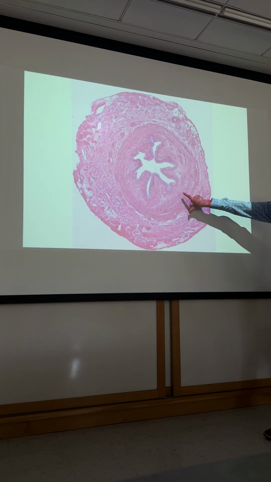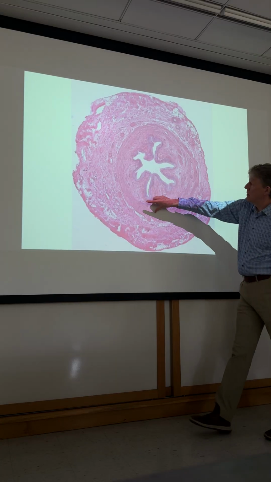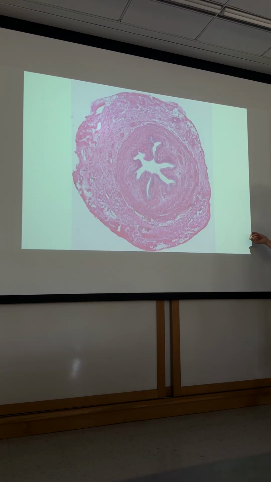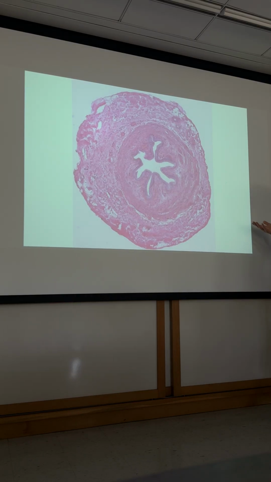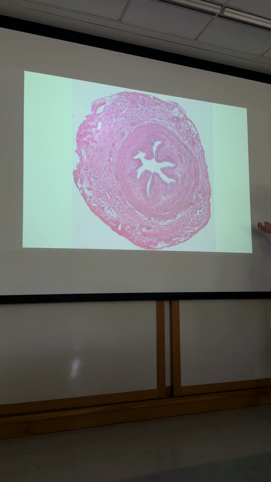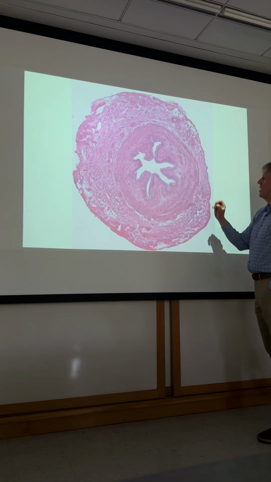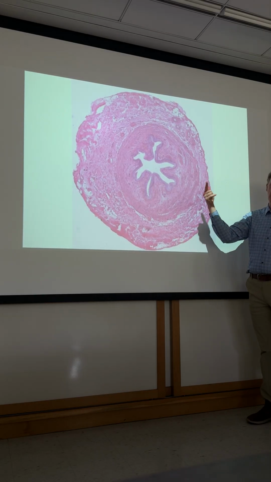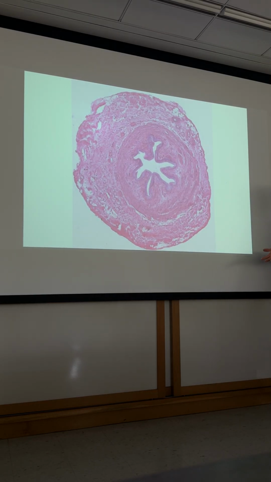And then in the outer areas, you have muscle, okay? And there's two layers to the muscle, although it's admittedly a little bit hard to see the two separate layers. But the innermost layer is going to be longitudinal, and the outer layer is going to be circular. And that's just the opposite from what you saw in your digestive system. Okay, so it's flipped around like that.